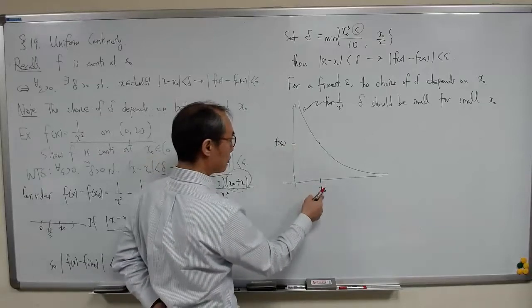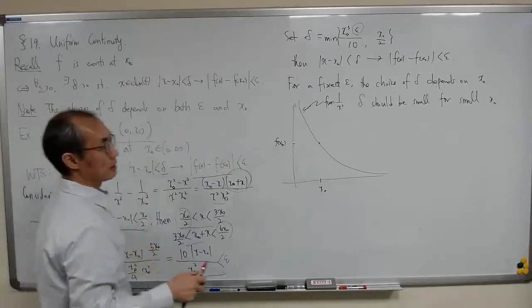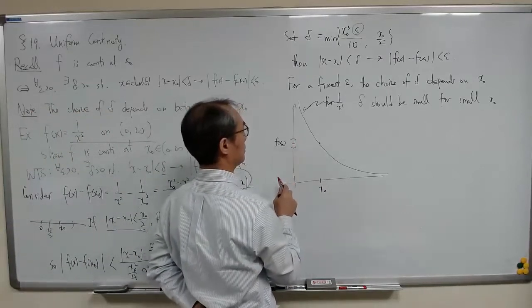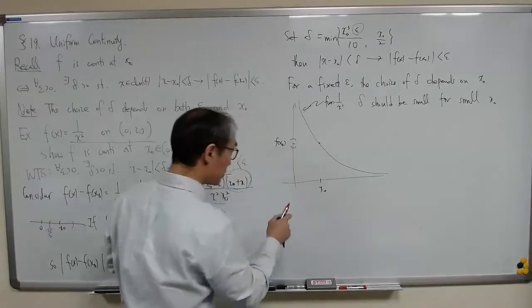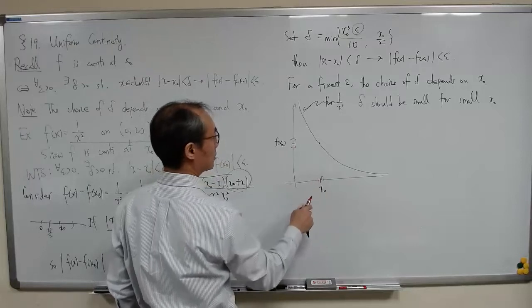For fixed x naught, you're going to first choose the point of interest x naught. Then at this point, for any epsilon, you're going to choose the appropriate delta.